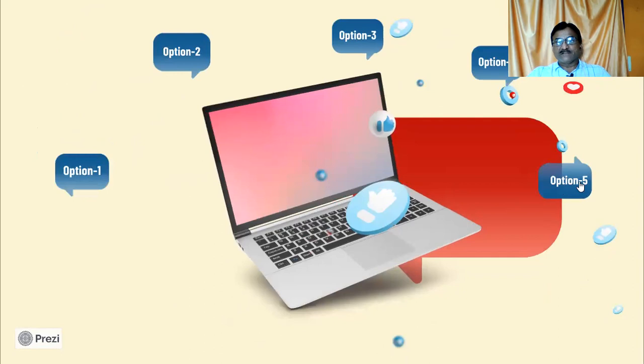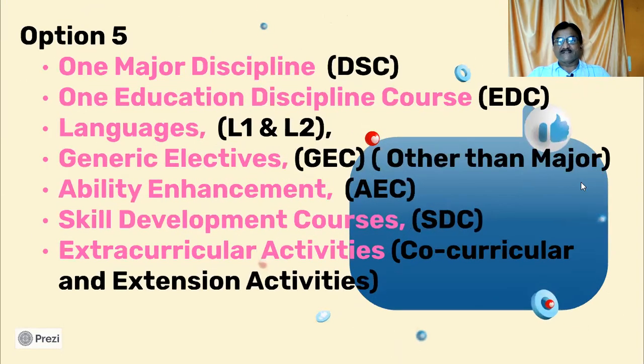Let us move on to the last option, which comprises these types of combinations. Here we have to consider one major discipline. For example, if a commerce student would like to take corporate accounting, he can go for business economics as well. Sorry, if the student opts for one major discipline, the focus here will be given on one education discipline course.